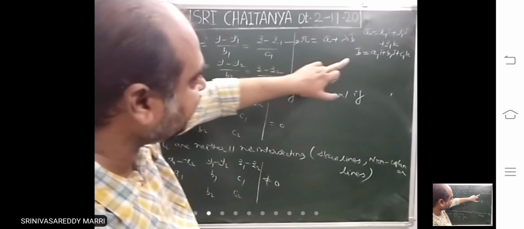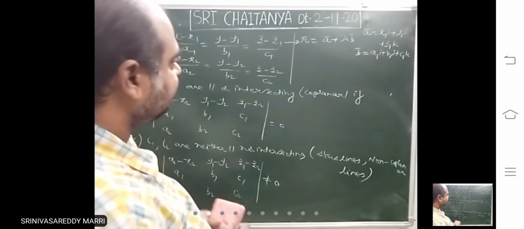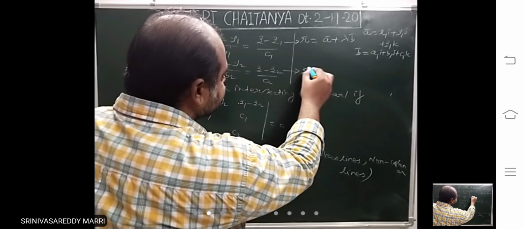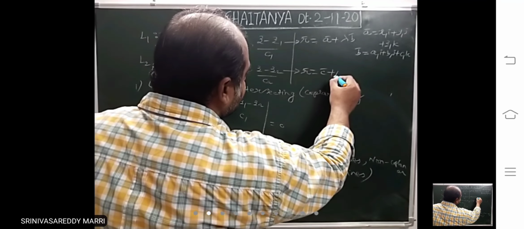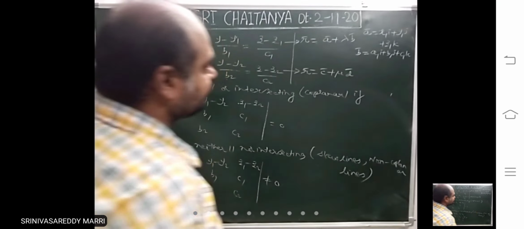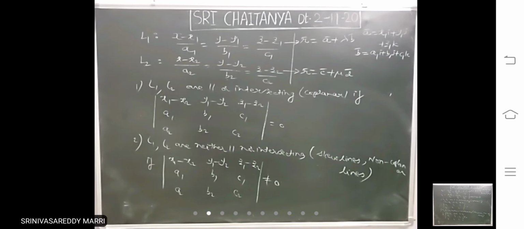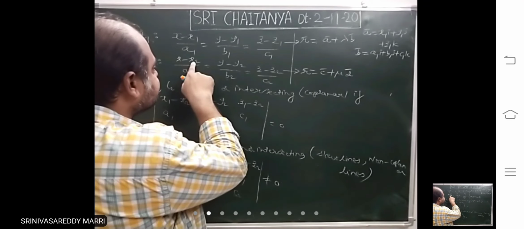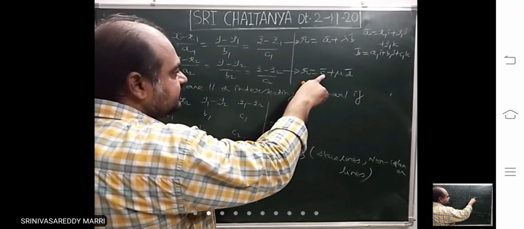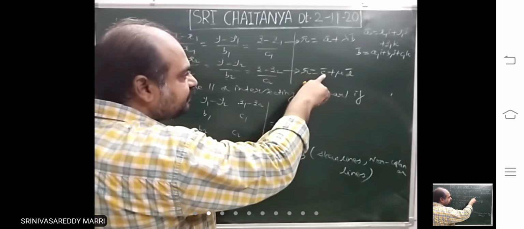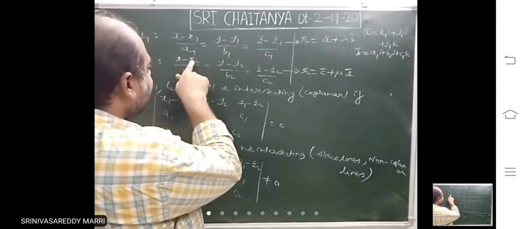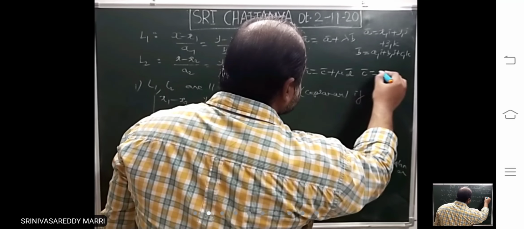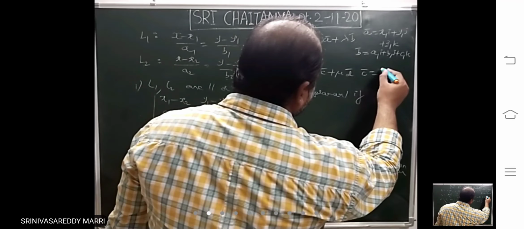For the second line, the vector form is C bar plus mu D bar. C bar is a point on the second line, x2, y2, z2, and C bar is the position vector of that point.